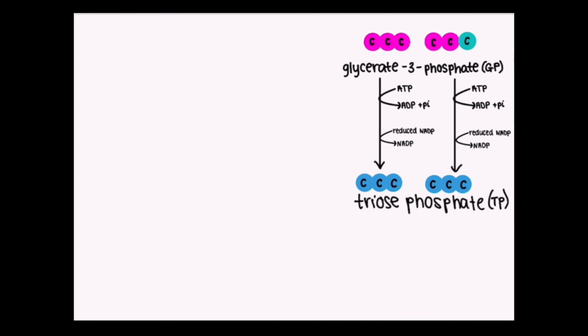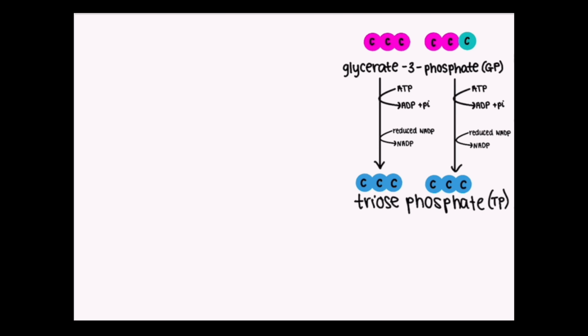So it's just worth mentioning here that if the light-dependent reaction hasn't taken place, in the absence of light, for example, then we wouldn't have the necessary products to reduce GP into TP, and the Calvin cycle would not be able to continue. So we have 6 carbons available.